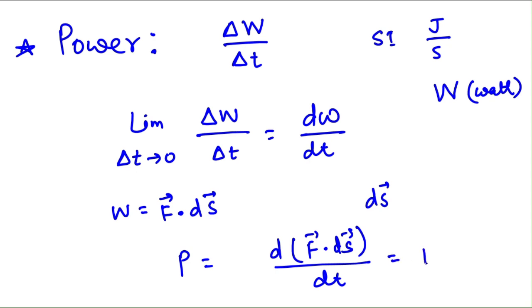Or you can write it, look, for a very, very small displacement we can consider this force to be constant. So we can take it out of the differentiation sign, and then we can write F dot ds by dt. And then you will have power equals, we know ds by dt is nothing but velocity.